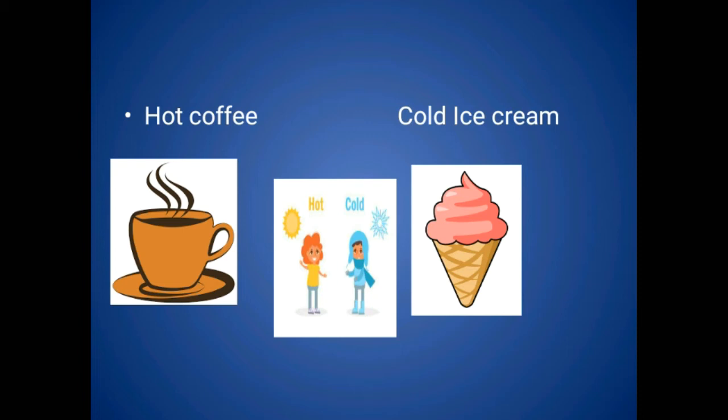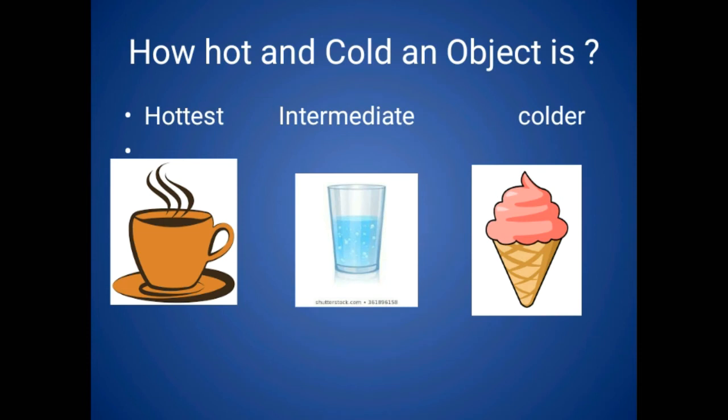Okay. So what do you analyze from this? In this lesson we learn how to describe whether an object is hot or cold. I will say this cup of coffee is hot. This ice cream is cold. So how do we describe how hot and how cold a particular object is?